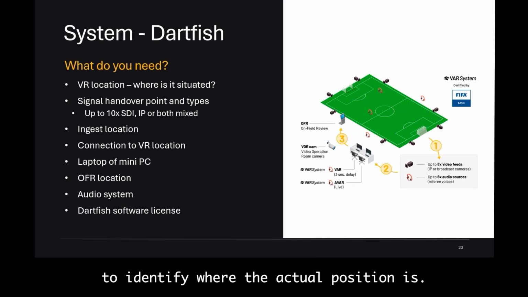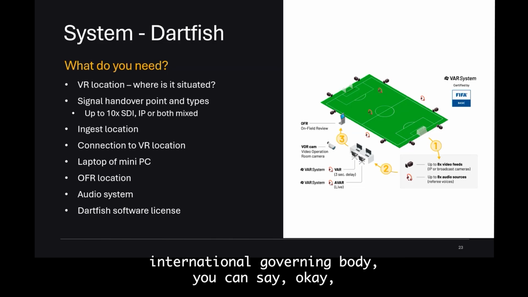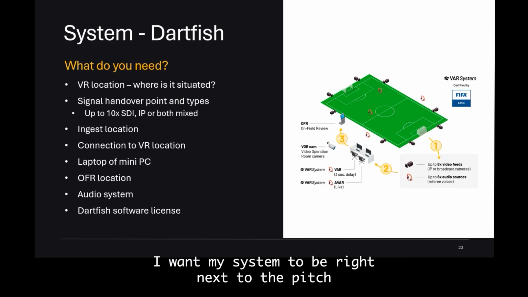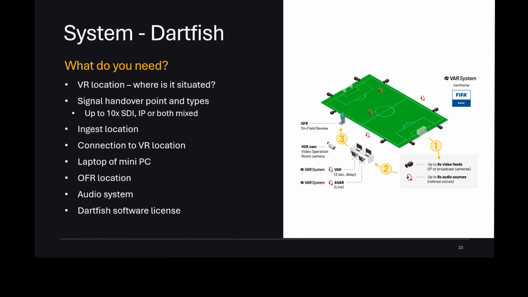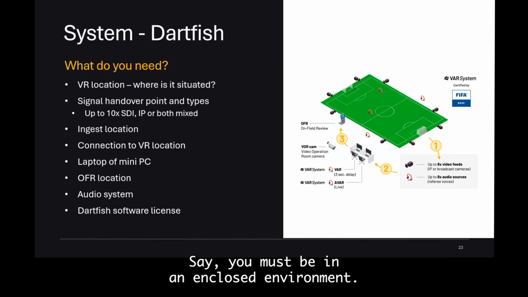We need to identify where the actual position is. For this, you as a competition organizer or international governing body can say, okay, I want my system to be right next to the pitch or court, as it was in handball. Or FIFA says, you must be in an enclosed environment.